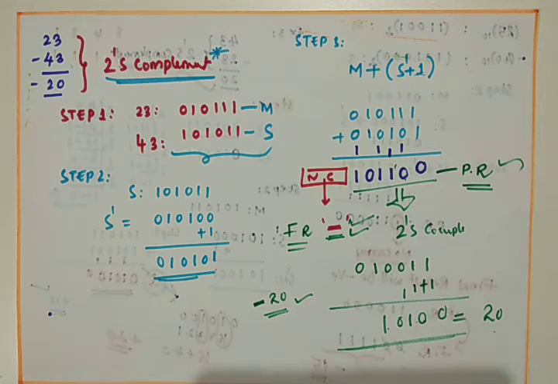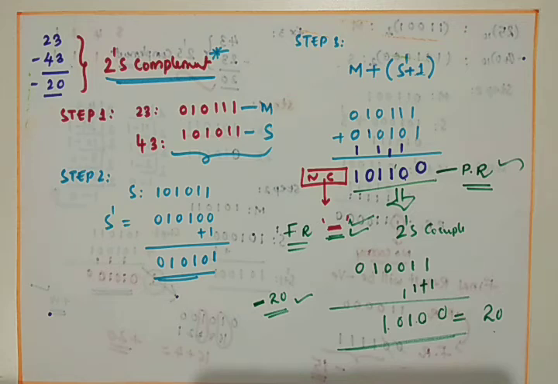If by making use of the 2's complement in the primary result there is no carry, we should understand that the final result will be negative, but to get the final result, that primary result has to be 2's complemented again, then only we can get the final result.